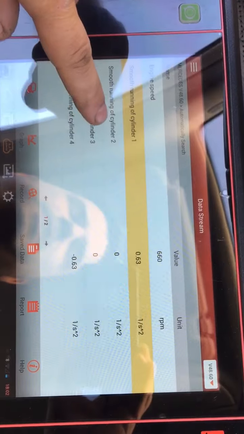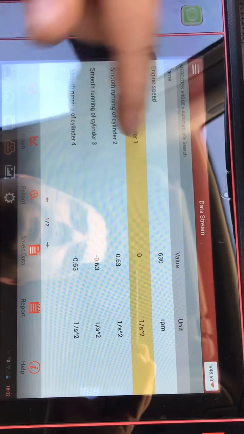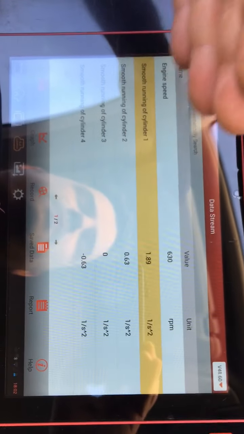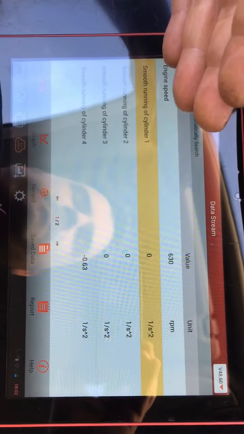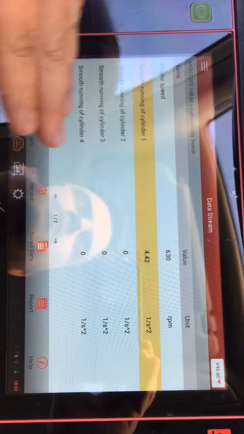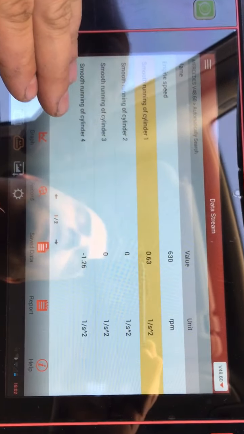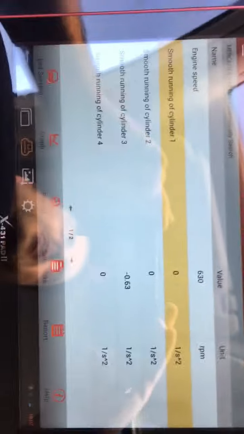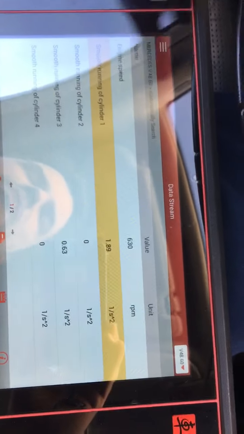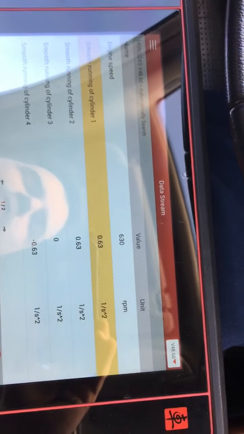I already replaced the cylinder number 2 coil, but the only way you know which coil to replace, or which injector, is to have the scanner to see which cylinder is problematic. Otherwise, you're just going to be spending a lot of money on changing parts that are still somewhat good.